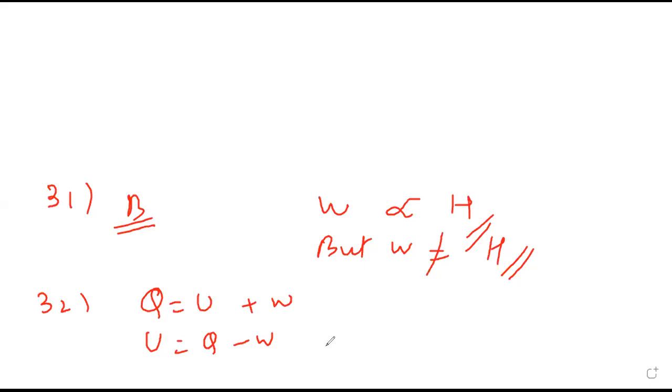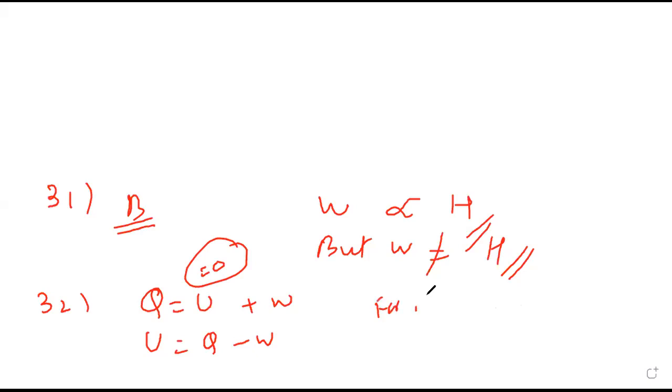The next statement says, if positive work is done by the system, its volume will increase. That is correct. Positive work means volume will increase, so B is correct. The first one is wrong because if it is isothermal, U is 0.